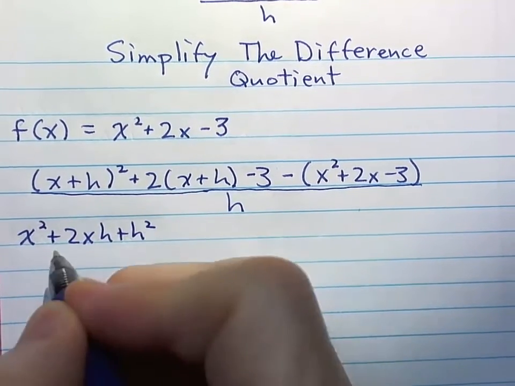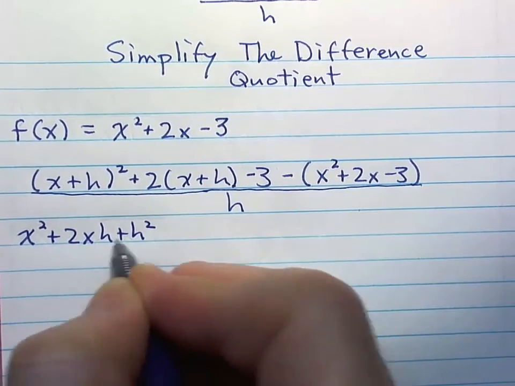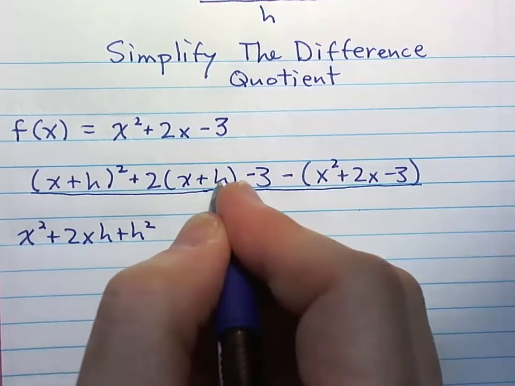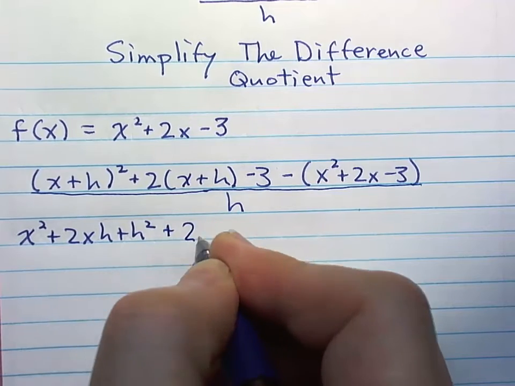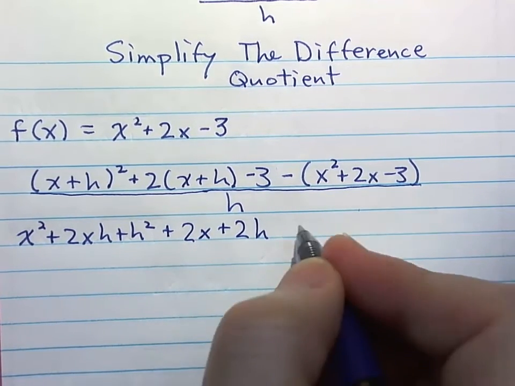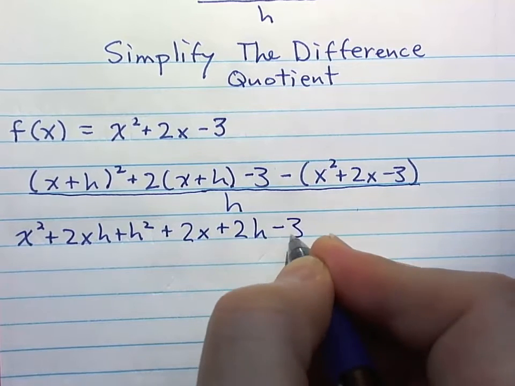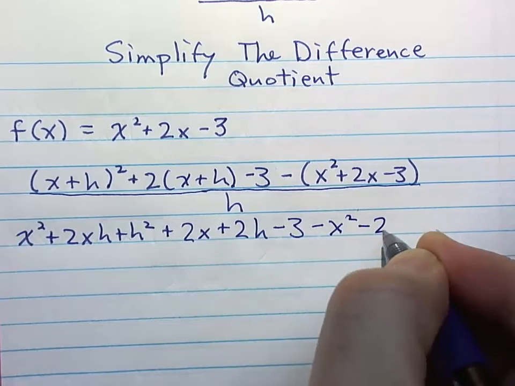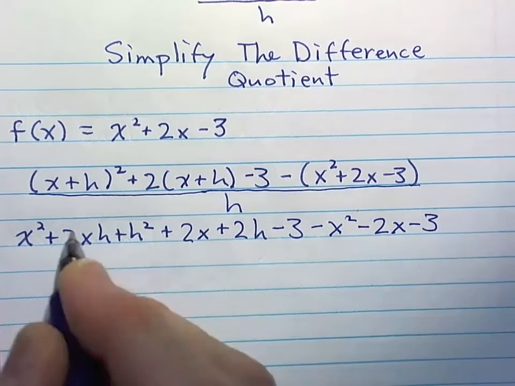So if we can avoid the common mistakes, we'll be off to the races. Then we multiply through here. So we've got 2x plus 2h. Okay? And then don't forget the minus 3. And then minus x squared minus 2x minus 3.